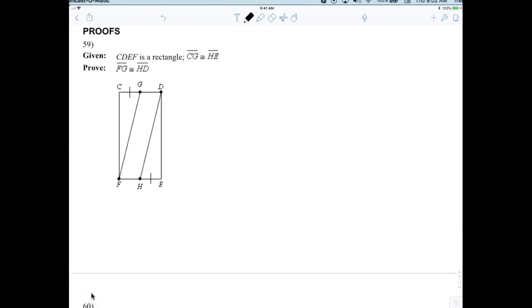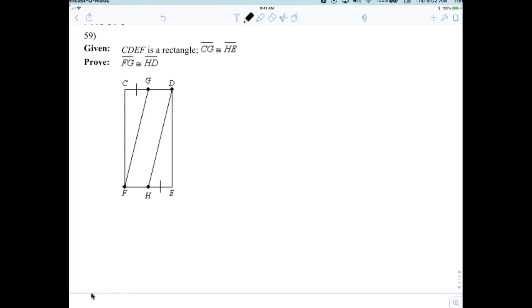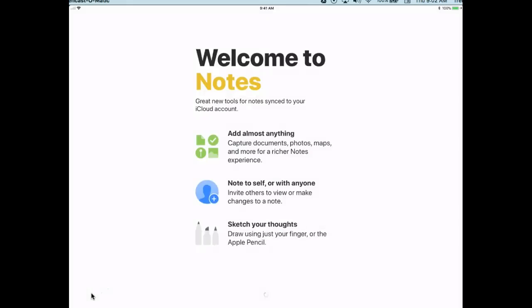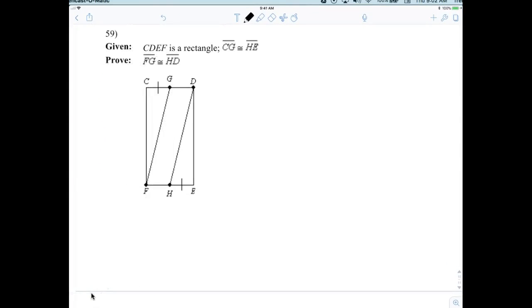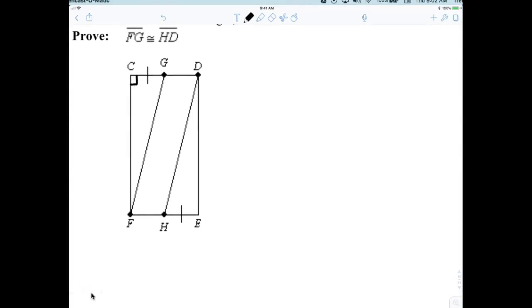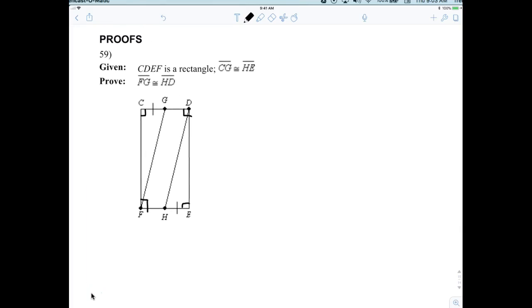So here we go. If we're writing out this proof, it's a rectangle. Do you agree? If it's a rectangle, then all of the angles are 90. That's what I would do right off the bat. It says that GC is equal to HE, and I'm trying to prove that FG is congruent.